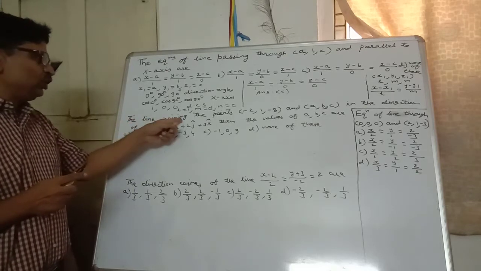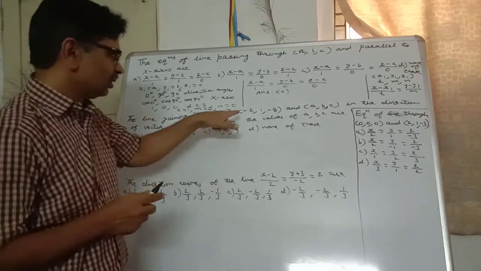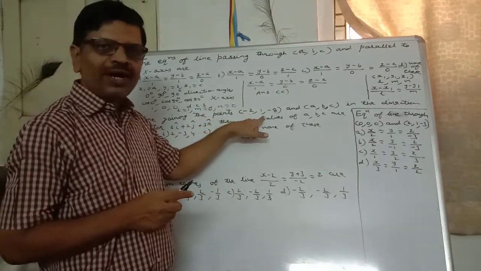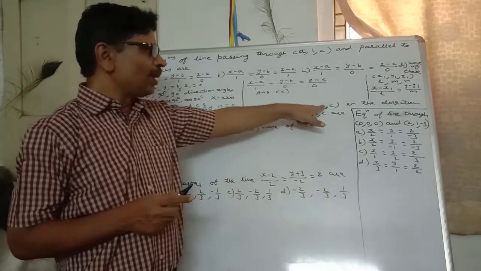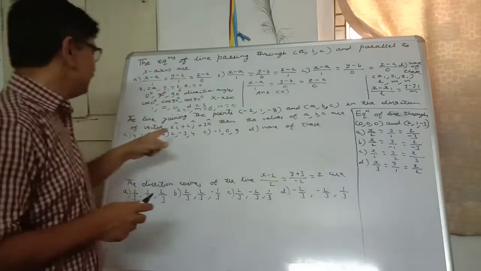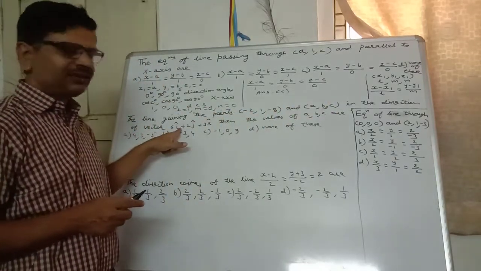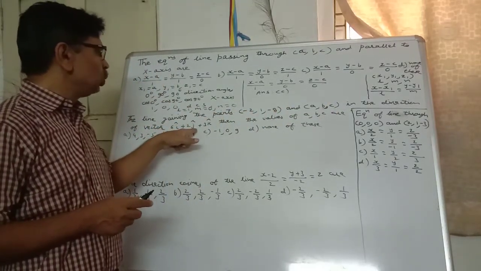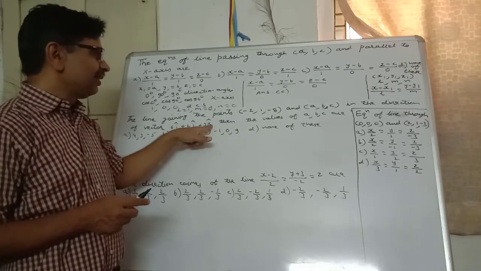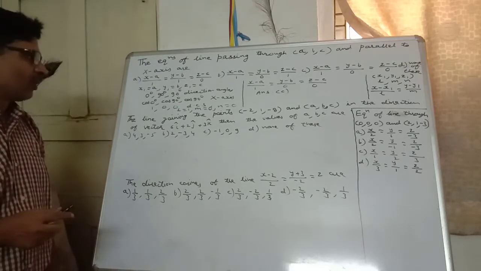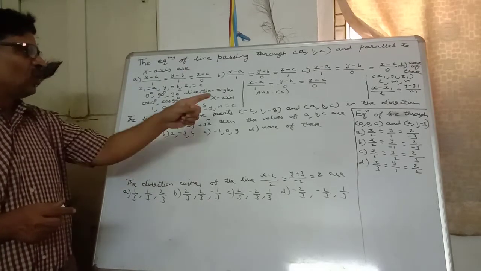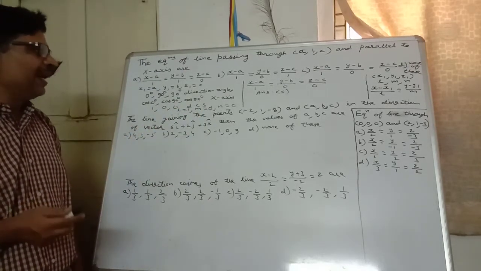The line joining the points (-2, 1, -a) and (a, b, c) is in the direction of the vector 6i plus 2j plus 3k. Then find the values of a, b, c. So we have to find the values of the unknowns a, b and c.